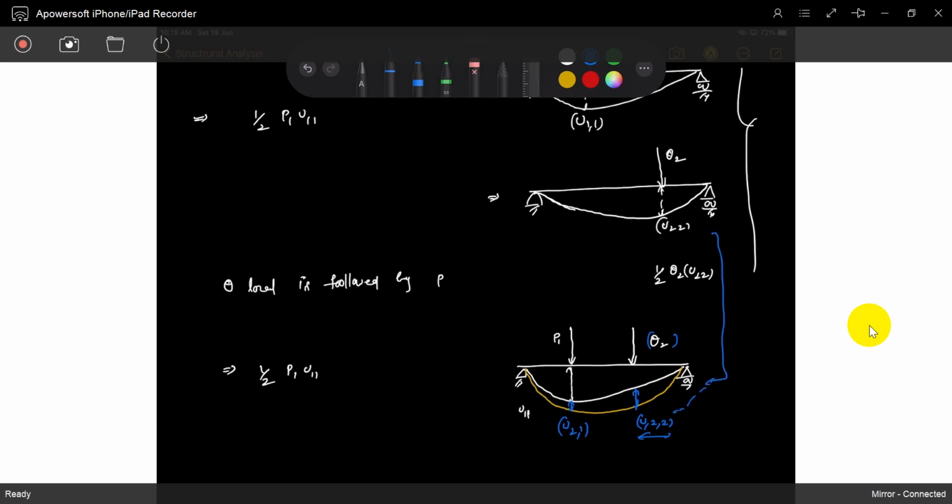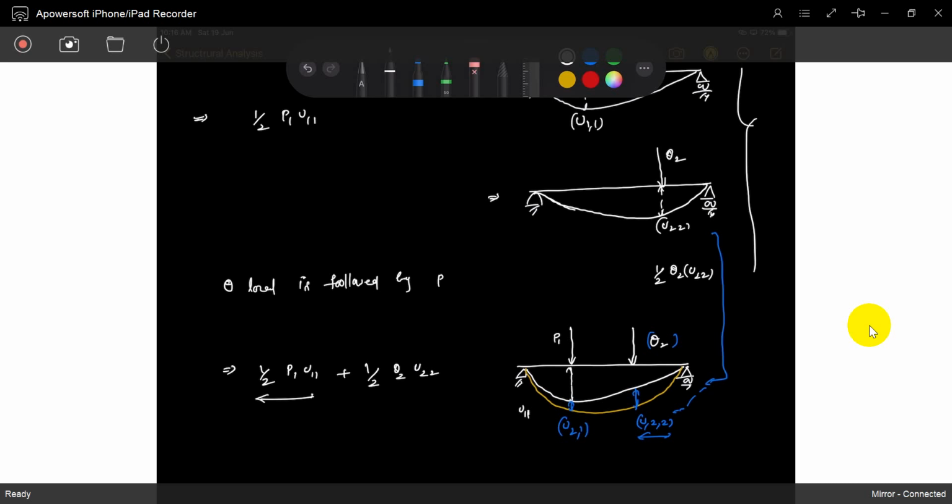Now see what the work done is. First, this is the work done. Later, by the application of the second load, the work done is half of Q2 into delta 22. But the force is already placed in the first direction, that is P1.